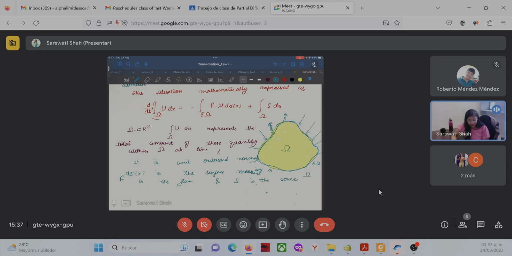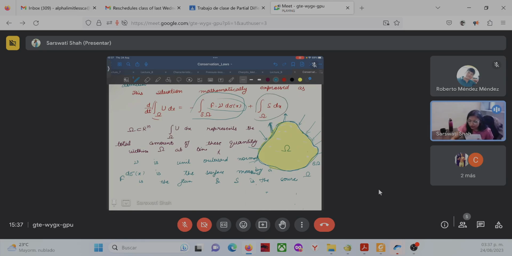So F is the flux, nu is the unit outward normal, and d sigma is the surface measure. It basically represents the volume which is crossing the boundary and coming inside the boundary. This whole integration, because we are taking the integration on the boundary, represents the quantity which is crossing and coming inside the boundary.